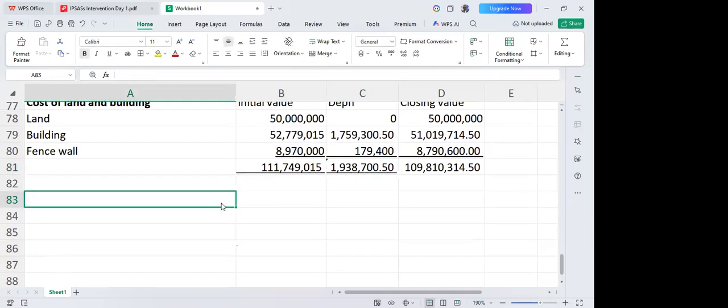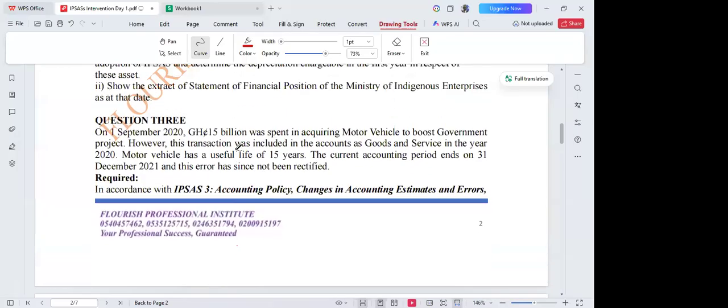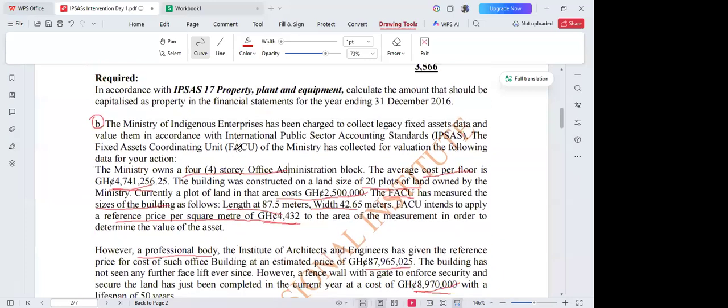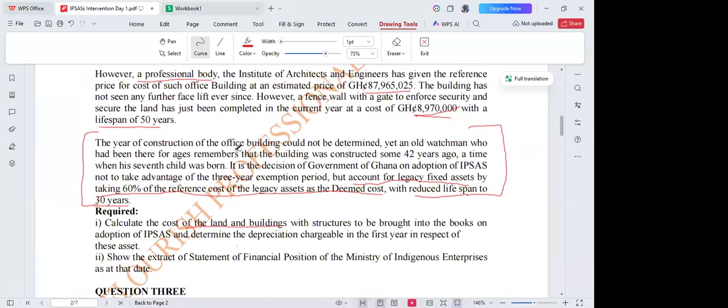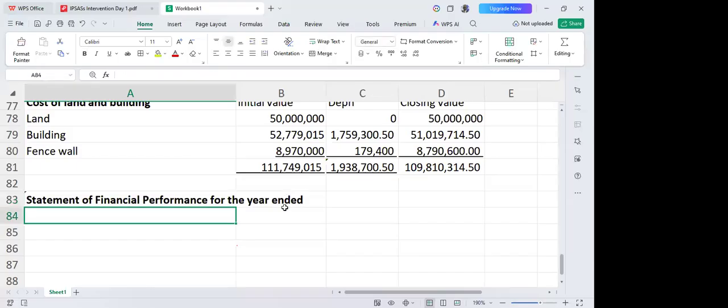For the presentation, we need to prepare statements of financial performance for the year ended. Let me see, did they write a year? Okay, they didn't give us a year, so let me just leave it as year ended.